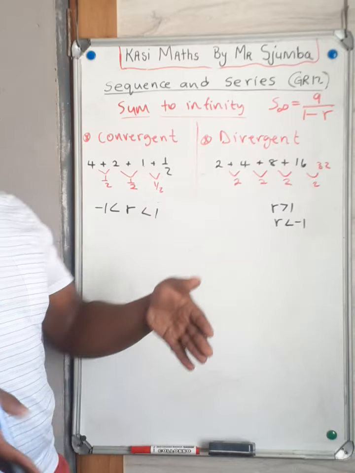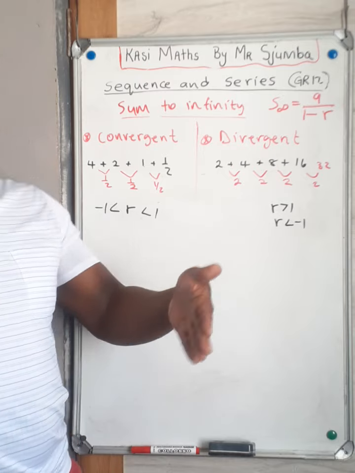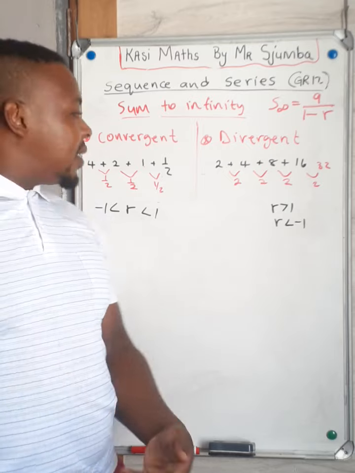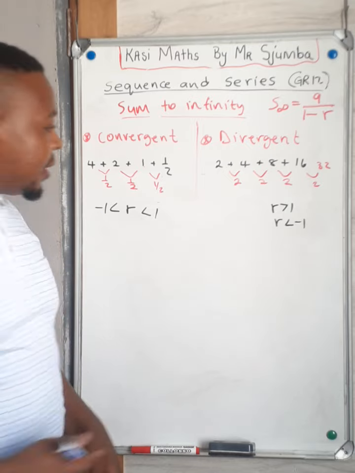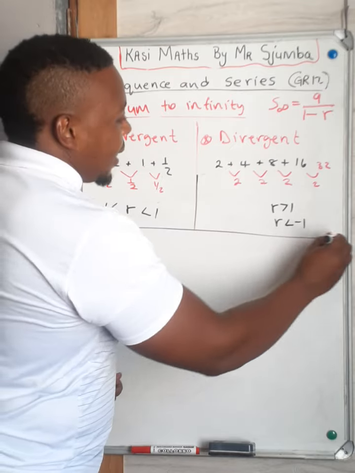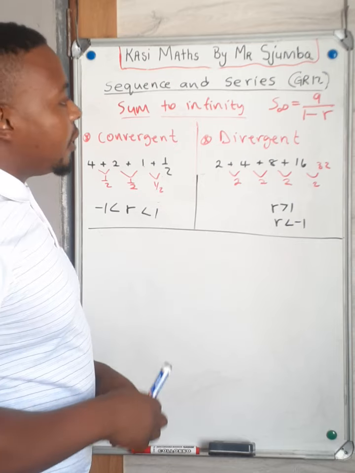But if r is 1 over 4, 1 over 3, if r is in the interval minus 1 and 1, you say the series converges. It's a convergent.